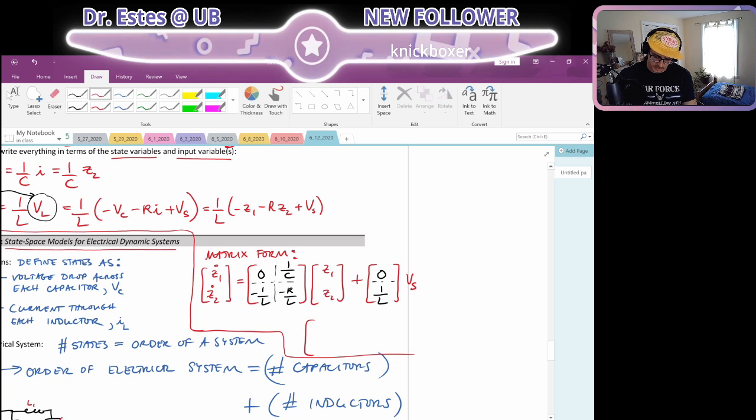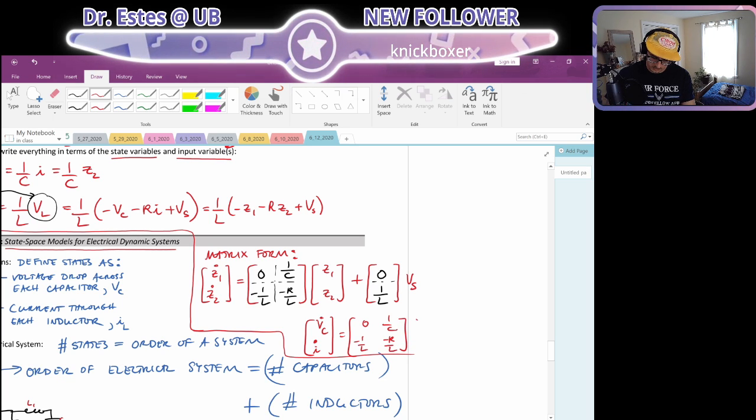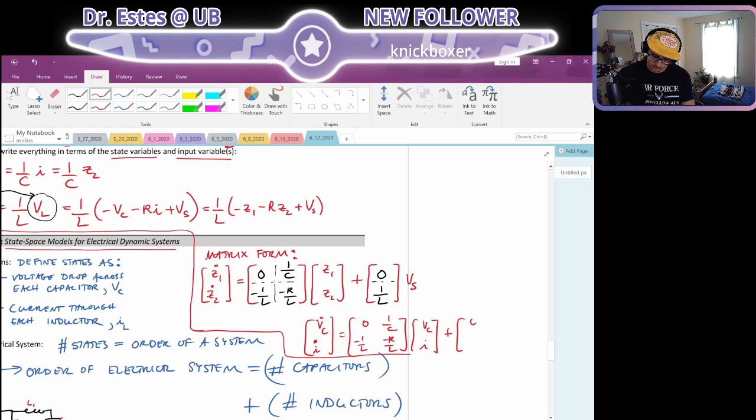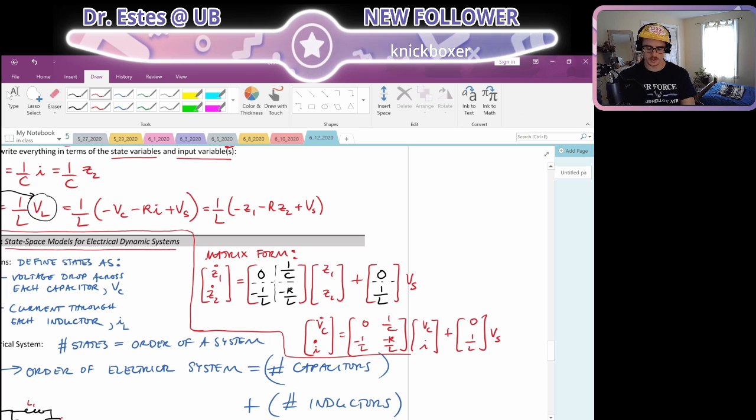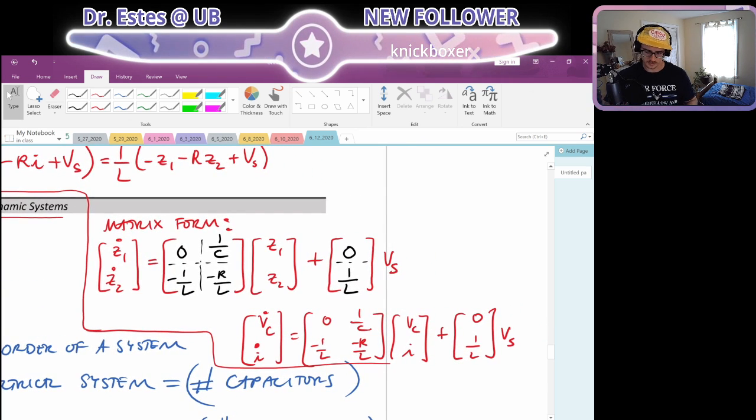You can also just write this in terms of the physical variables. So like VC dot, I dot, 0, 1 over C, minus 1 over L, minus R over L, VC, I. And this is actually how I usually do it, just so I can keep track of what everything is.